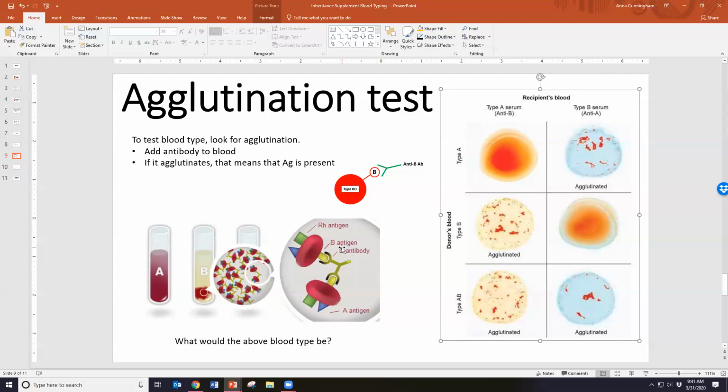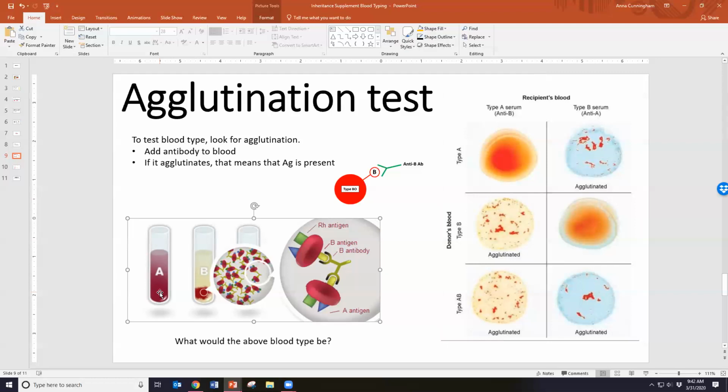But if you start to get antibodies that are grabbing red blood cells, those start to clump. And that clumping is called agglutination. One of my favorite words, agglutination.